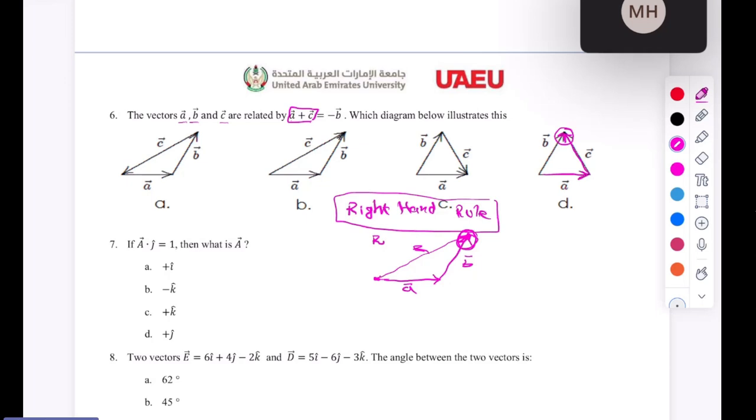If you have a diagram like this, always apply the head to tail rule. First vector head, then second vector tail, and the last vector's head will meet with the head. Okay.